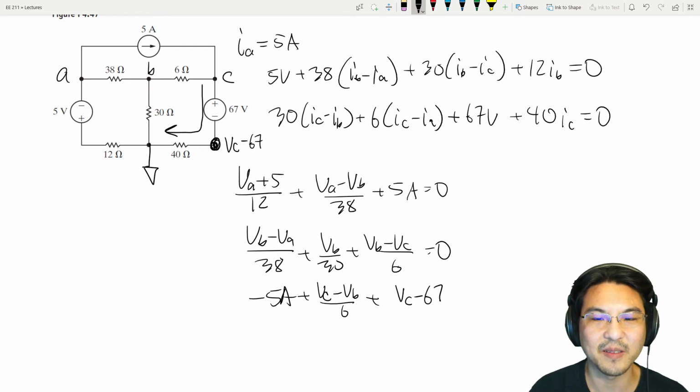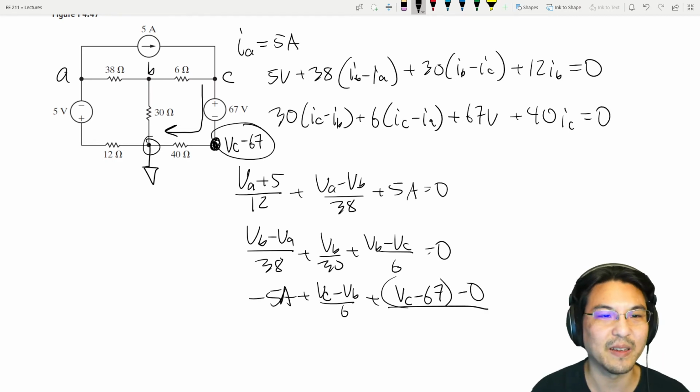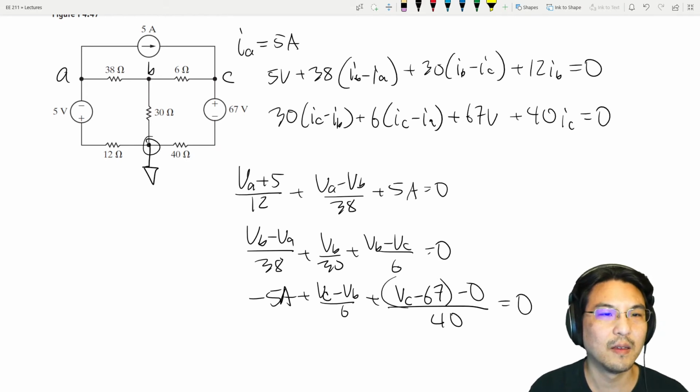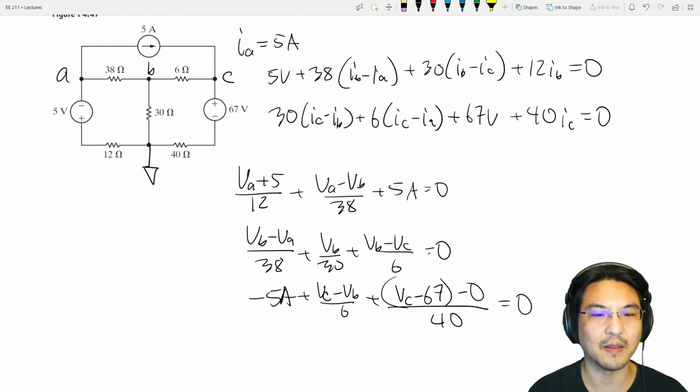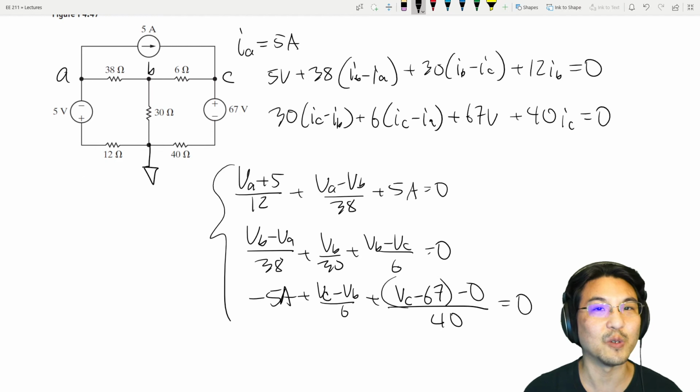VC minus 67, that's over here, minus 0, which is over here, divided by 40. And there we go. That's 3 equations, 3 unknowns using the node voltage method.